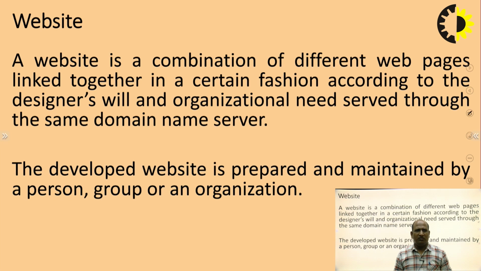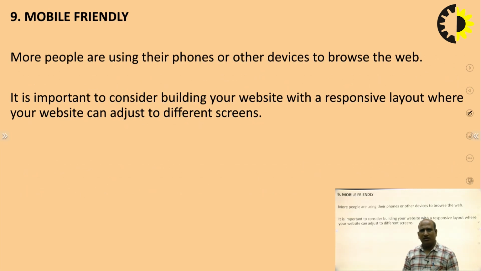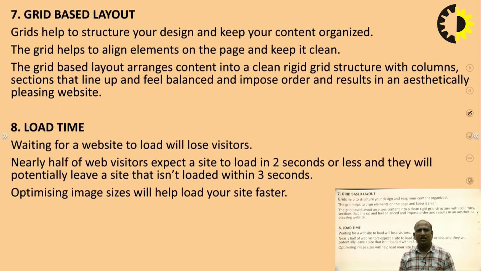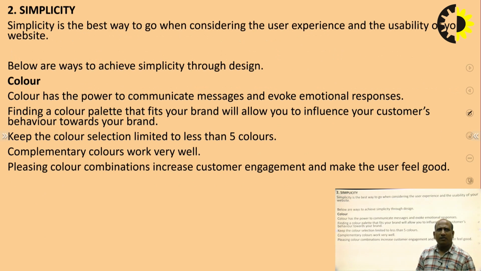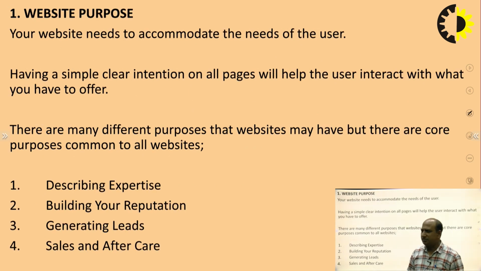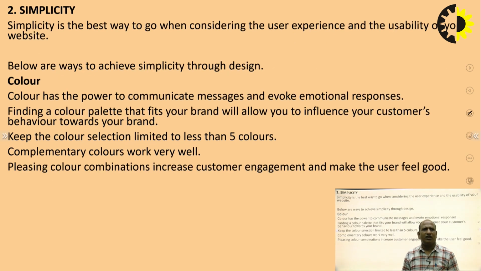Now we have understood the principles that are involved in designing a website. We have seen that our website purpose should be properly defined and analyzed: why we are developing a website. Then your website should be simple enough, it should not look very complex, otherwise the visitor will move to the next website.